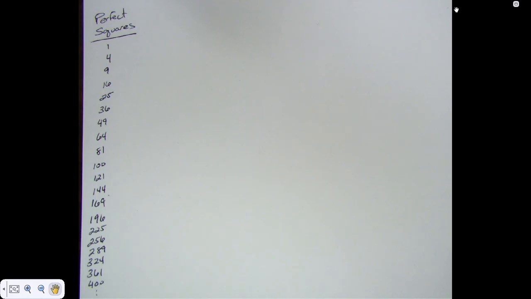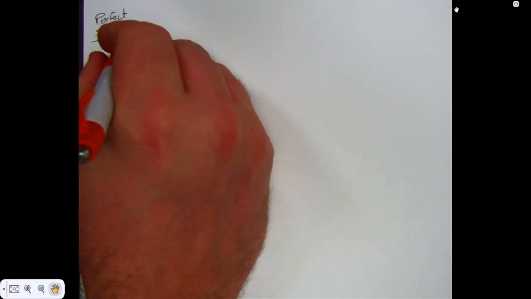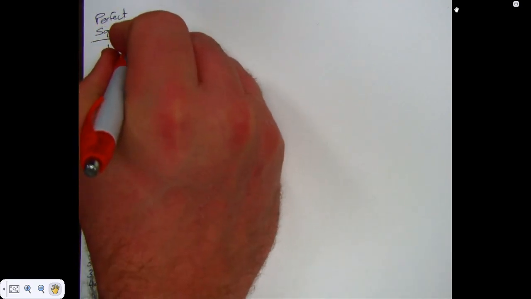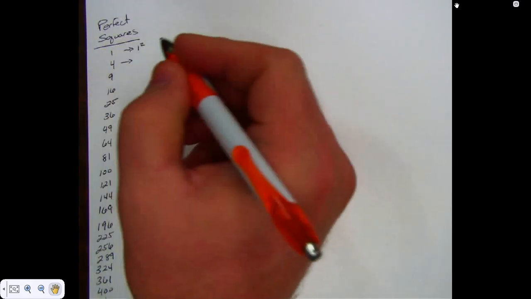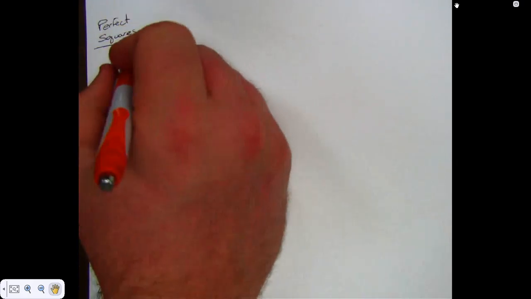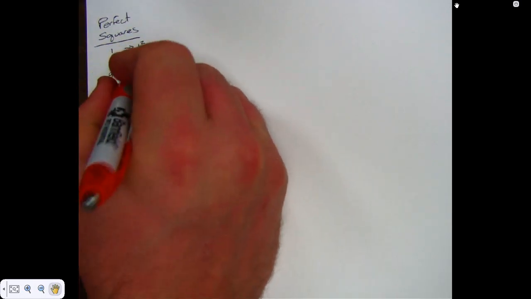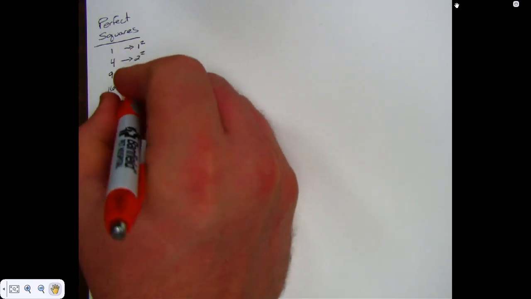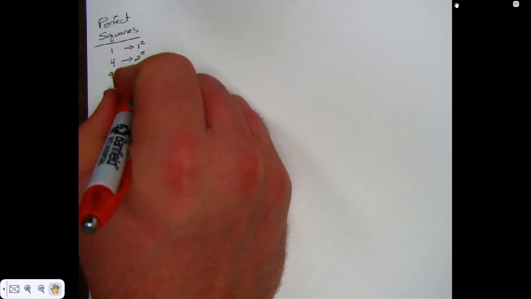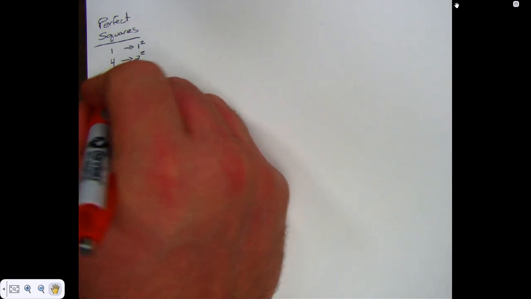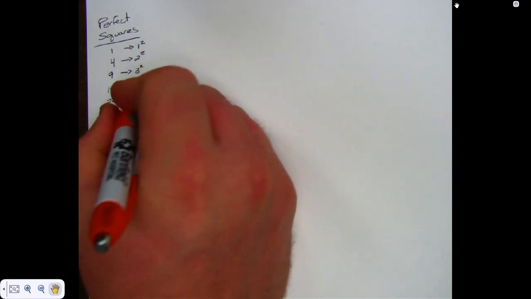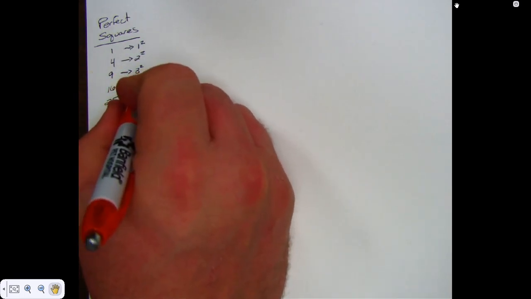The reason 4 is a perfect square is because 2 squared is 4. Why do you think 9 is a perfect square? 3 squared is 9. Why do you think 16 is a perfect square? Because 4 squared is 16. Why do you think 25 is the next perfect square? It's 5 squared. Then 6 squared.